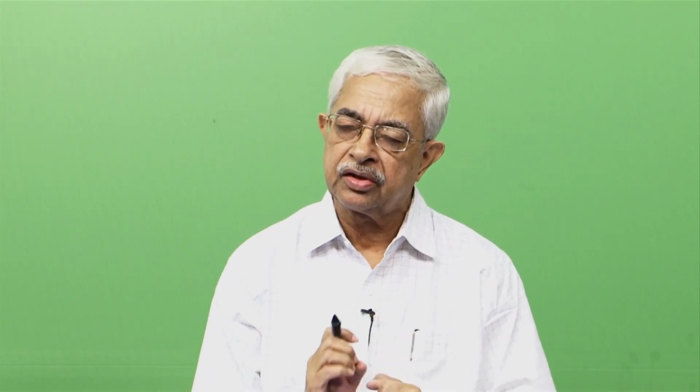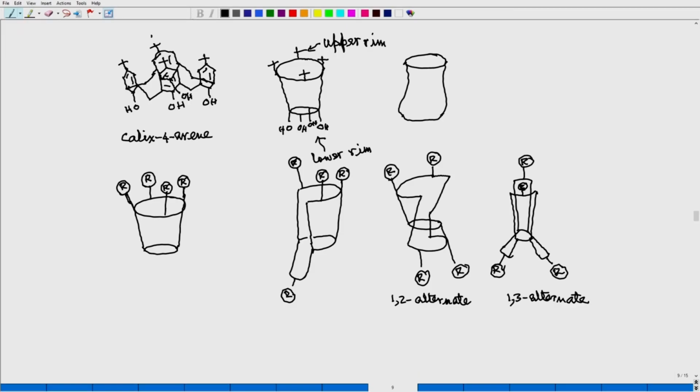And so, this caught people's imagination that with these kinds of molecules, it is possible to make molecular machines perhaps. And so, people jumped into this and a large amount of results were accumulated.